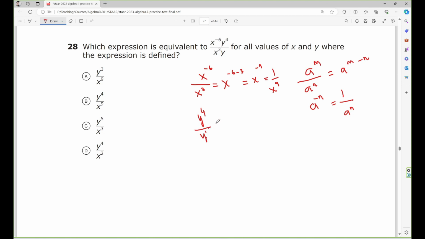Y means y to the first, so y to the 4 minus 1, y to the third. If you multiply this by 1 over s to the 9, it's going to be y to the third over s to the 9. The answer is A.